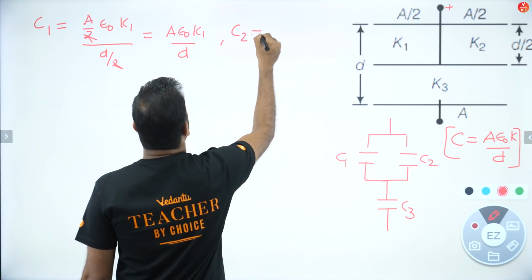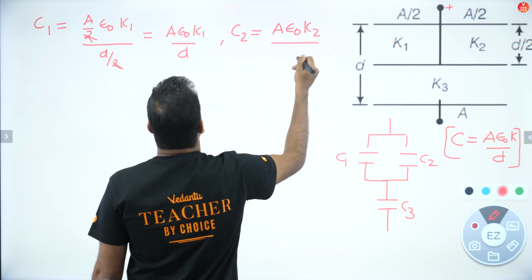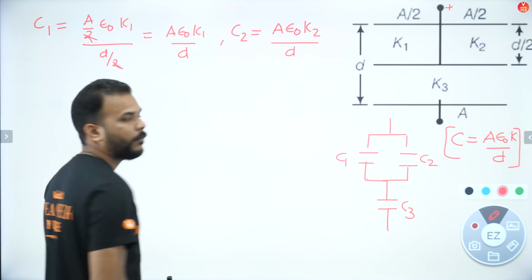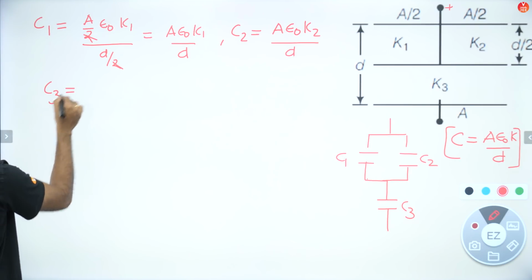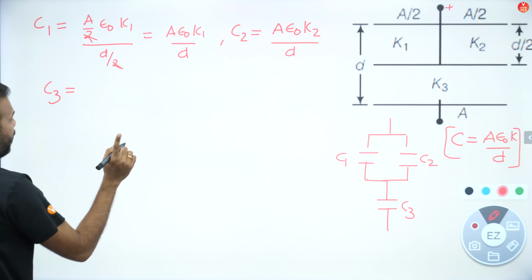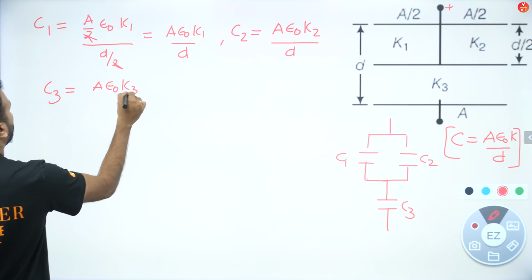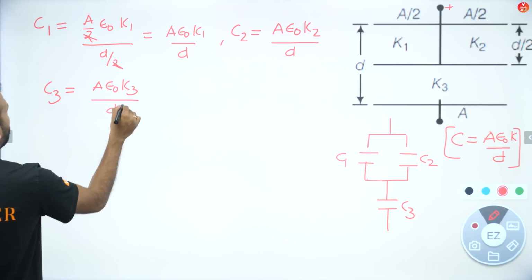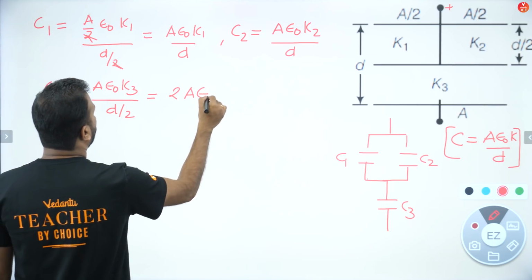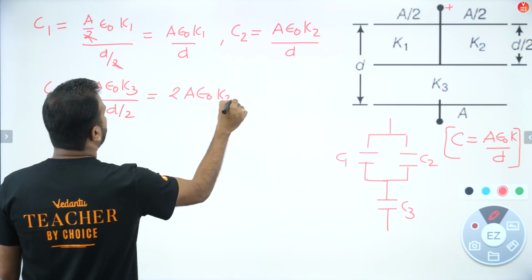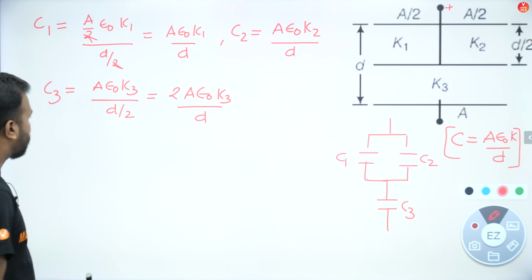So C2 will be A epsilon naught K2 by D. By putting in the values, you can check that as well. And C3 has a different area, that is entirely A. So this is A epsilon naught K3 by D by 2, which makes it 2 A epsilon naught K3 by D. So now we have all the capacitors together.